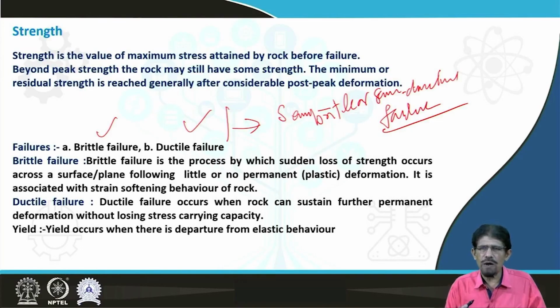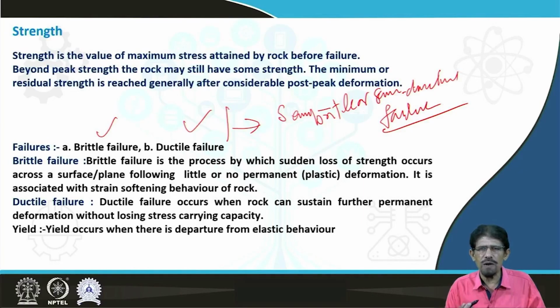As we have already discussed, when the stress-strain behavior departs from the linearity or elastic zone, we recognize this as the yield point, and this yield point represents the increment in deformation other than the elastic deformation, the non-elastic deformation.